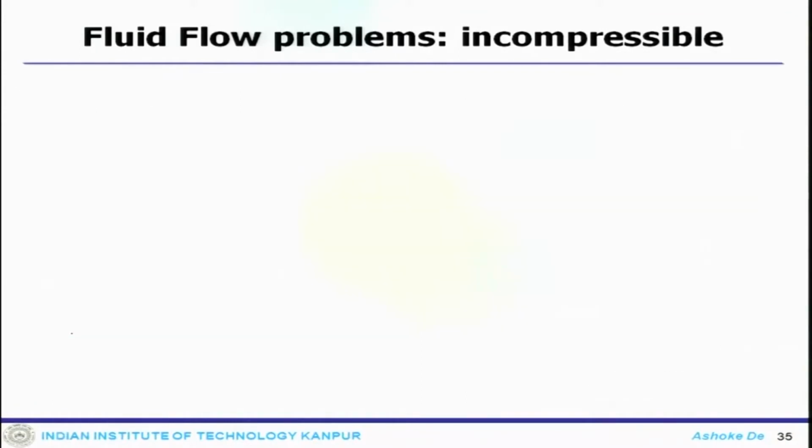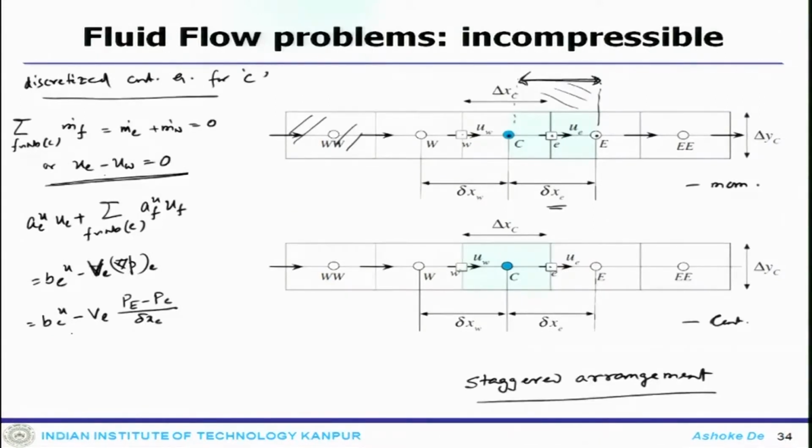Now, how do you get your pressure correction equation? For this particular arrangement, the staggered arrangement, the pressure is integrated over this kind of control volume, and for velocity the control volume is modified.